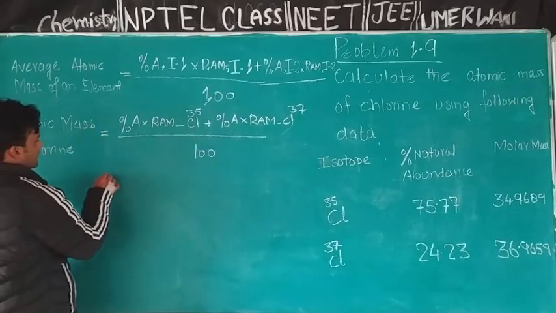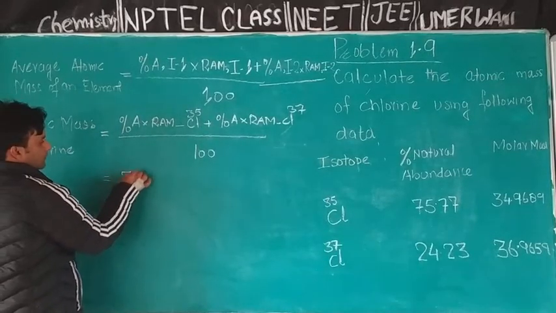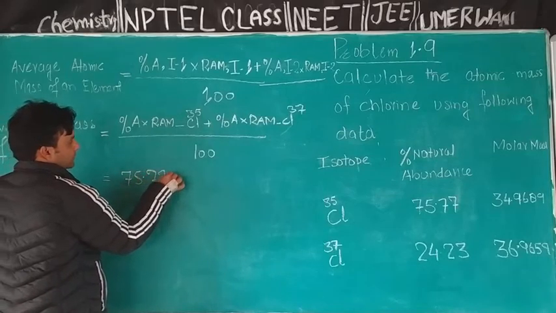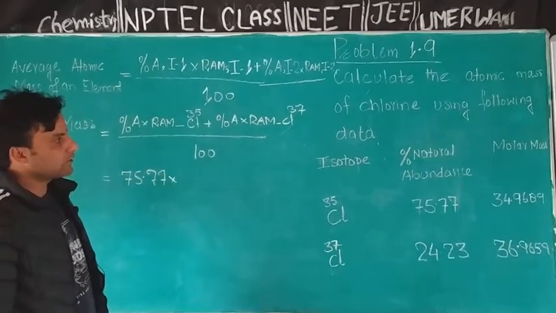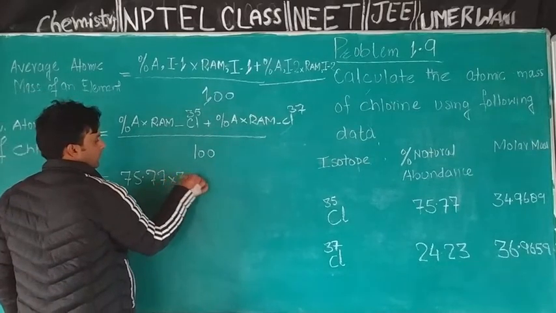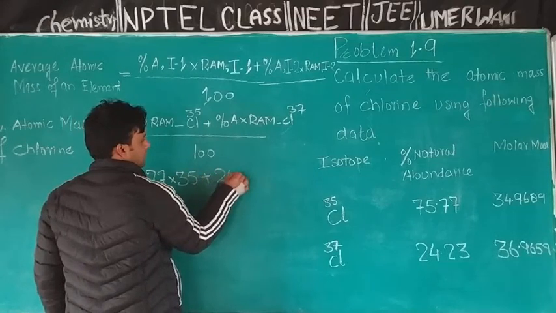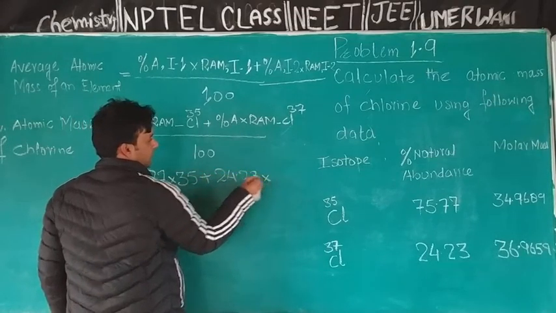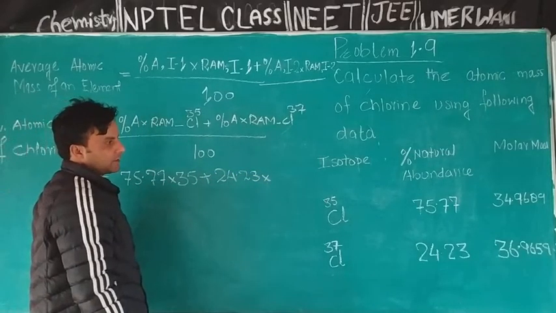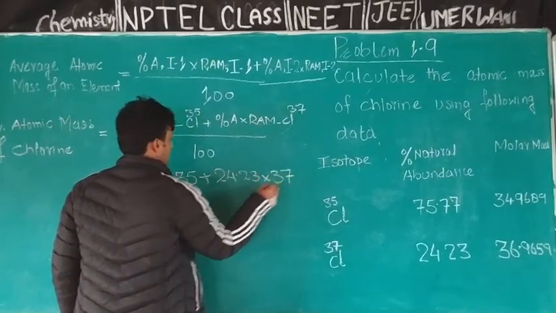Now I will substitute the values. The percentage abundance of isotope 35 is 75.77. Its relative atomic mass is 34.9689, approximately equal to 35, plus the percentage abundance of the second isotope, 24.23, multiplied by its relative atomic mass or molar mass, which is 36.9659, approximately equal to 37, divided by 100.